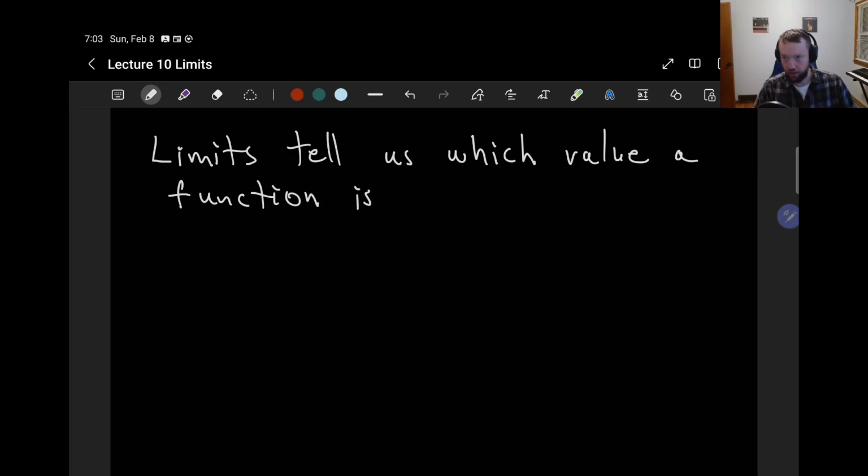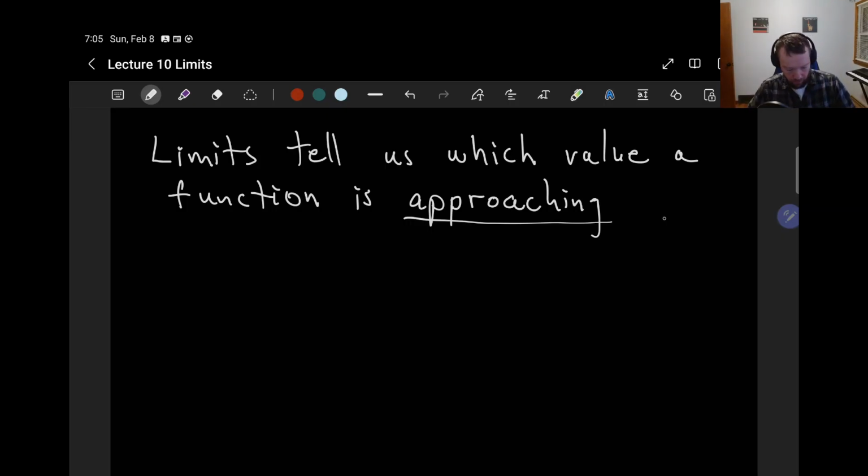Limits tell us which value, and that is a y value in particular, an output, the function is approaching. Keyword there, and in particular, that is a y value. This is as x approaches a particular x value.